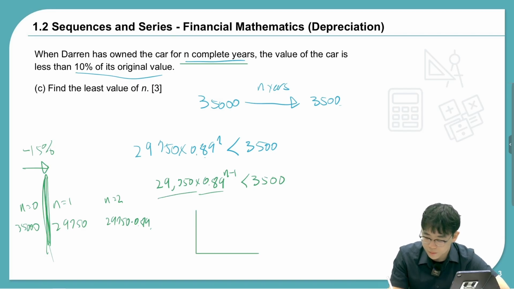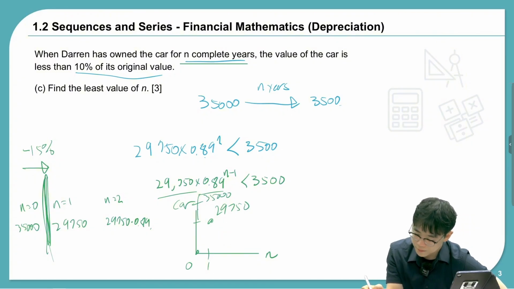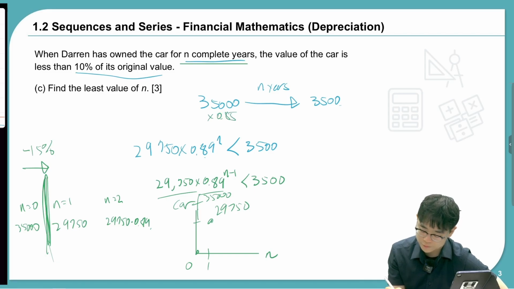So we just want to graph n versus the value of the car. If n equals 1, we expect to see 29,750, and when n equals 0, we should see 35,000. But the graph wouldn't really reach there, because in the first year we just multiplied 35,000 by 0.85, so it's not a continuous function.